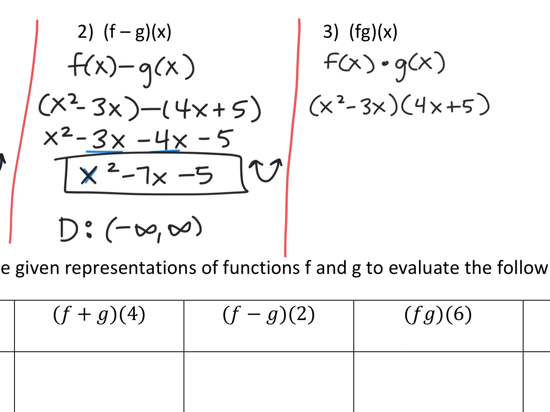Make sure you've got 4 terms after you multiply. So x squared times 4x, I usually color code it, so that's 4x to the third. X squared times 5 is 5x squared. Now please distribute the negative 3x, so you get negative 12x squared. And negative 3x times 5 is negative 15x.